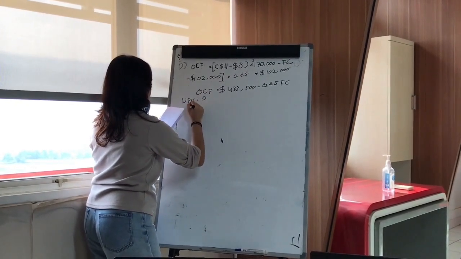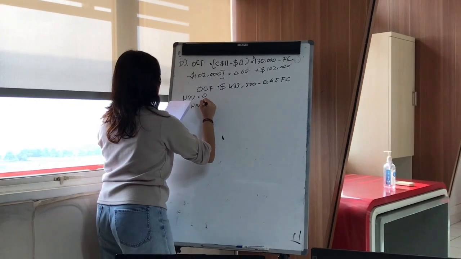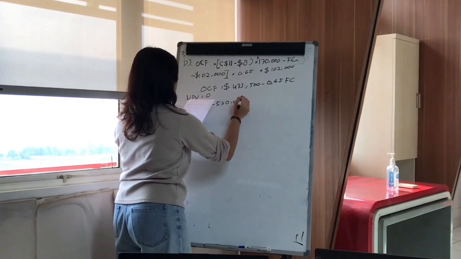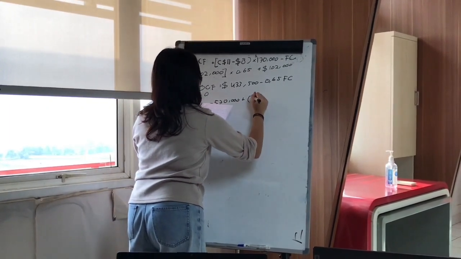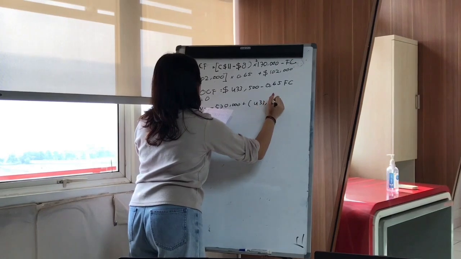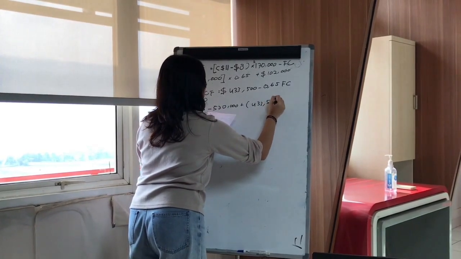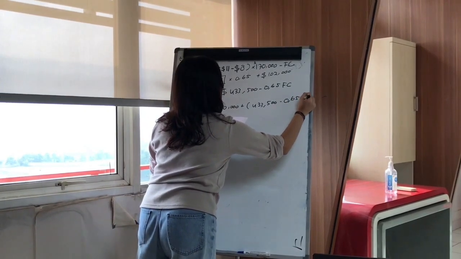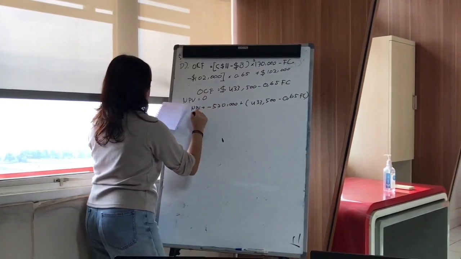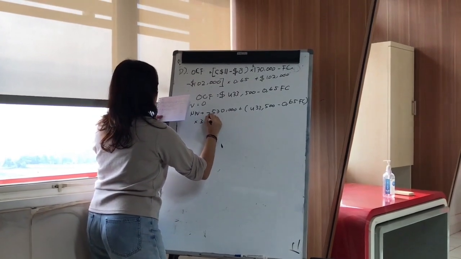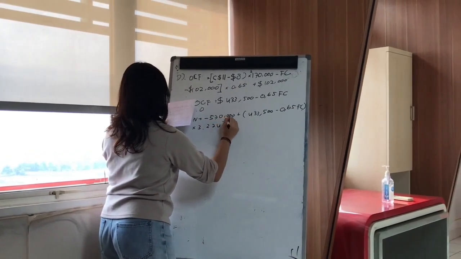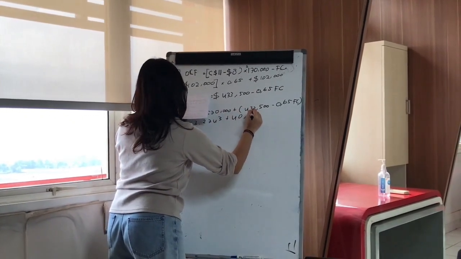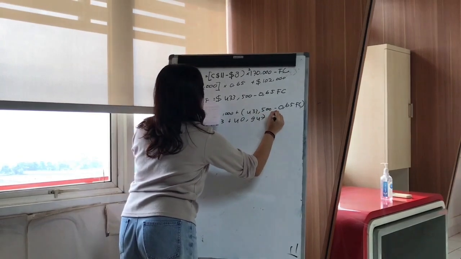So NPV is minus 570,000 plus (433,500 minus 0.65 fixed cost) times 3.2743 plus 40.947 equals 0.